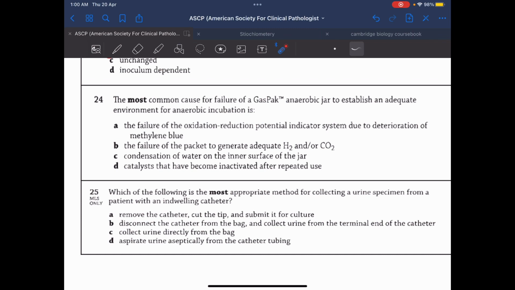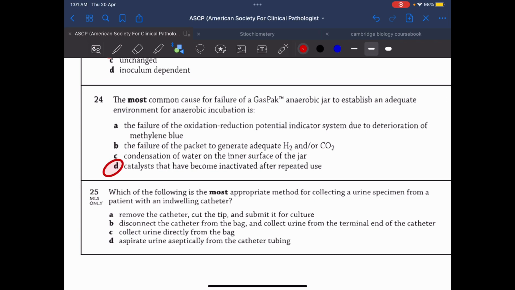The two most common causes of failure of the gas bag system are a defective gasket in the jar lid that allows escape of gas from inside the jar, and an inactivated catalyst pellet. So the correct answer is D.